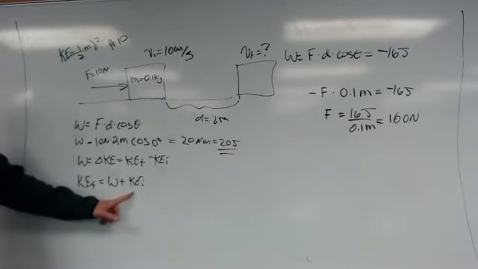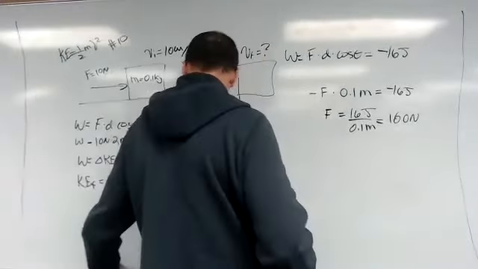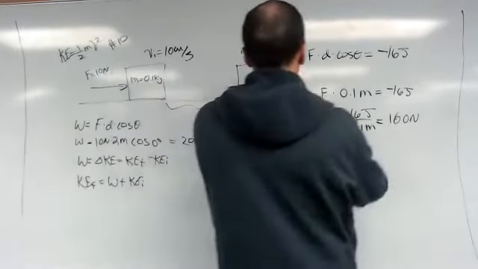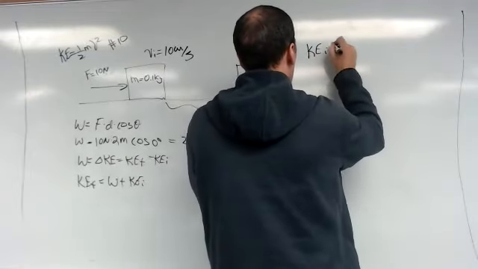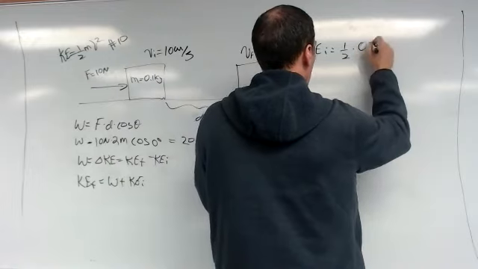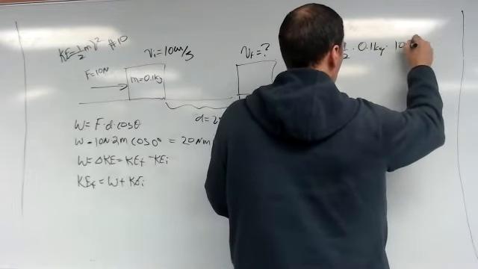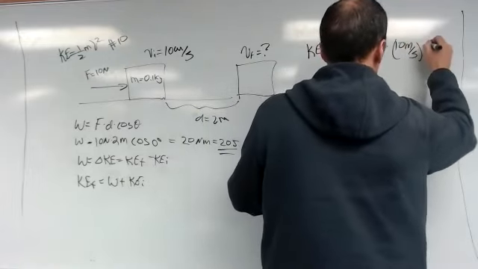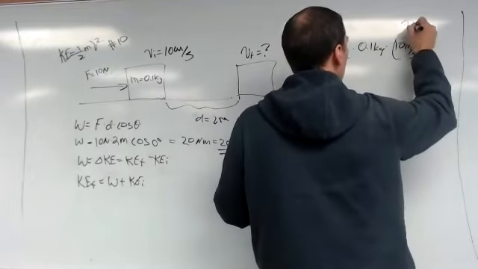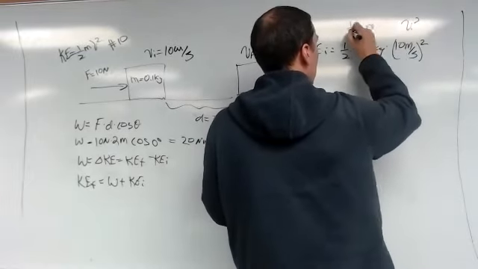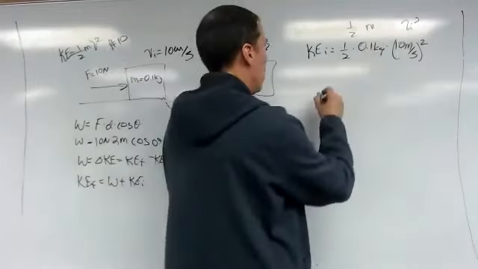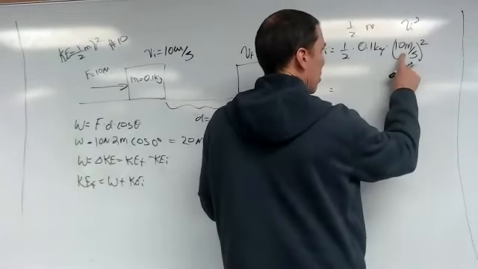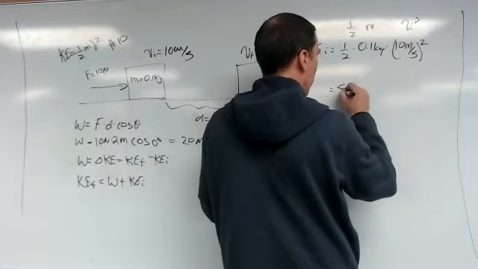What's the initial kinetic energy? 1/2 times the initial mass times the initial velocity squared. And so that's 10 squared is 100, times 0.1 is 10, divided by 2 is 5 joules, right?